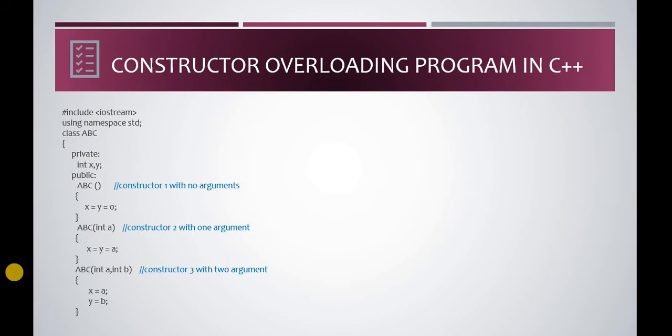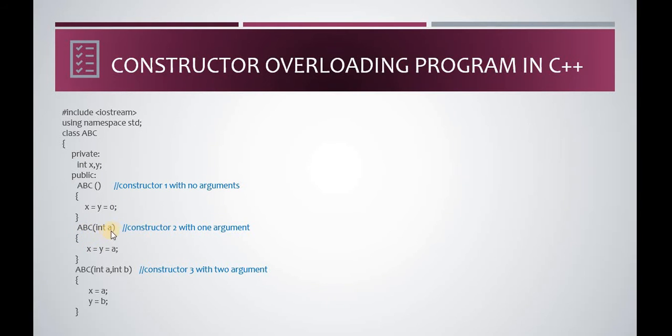Let's take this program to understand constructor overloading more. Here we are creating one class ABC, and we are taking the data members X and Y. Here you can see we are doing constructor overloading. Why? Because we are creating one constructor which does not take any argument, which we call the default constructor, and we have initialized the values with 0.